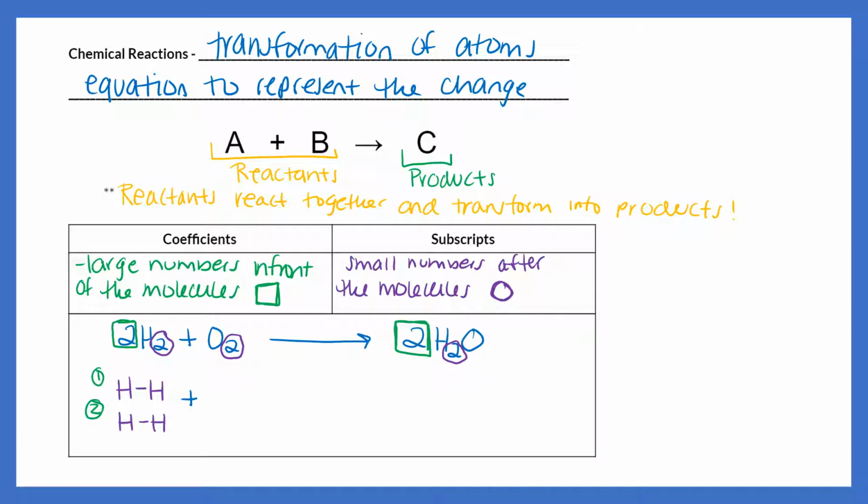Plus oxygen bonded to oxygen 1 time. You can assume that there's a 1 in front of that oxygen. Okay? And then that goes and makes 2 H's and 1 oxygen.